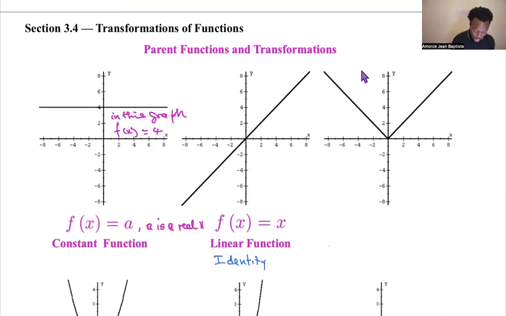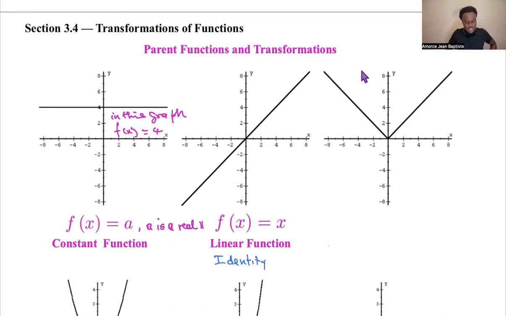So if you take x equals 2, you would get f of x is also 2, because f of x is x. So that's the identity, but that's also the same as a linear function, in case you would be looking at a more complicated linear function.